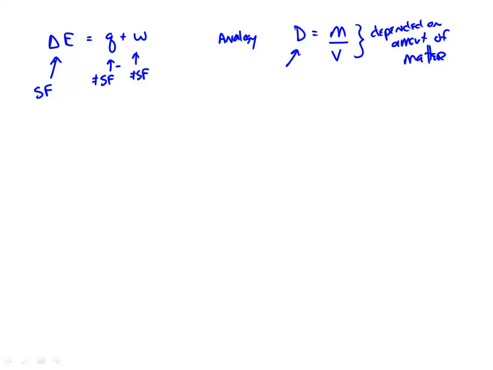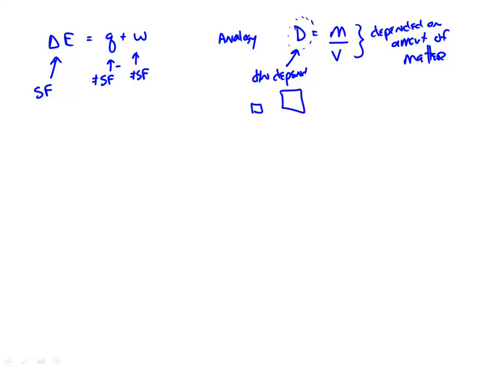But density does not depend on it. Meaning, the density of a small amount of something and the density of a large amount of something is still the same density, because density is the ratio of the two things that depend on matter. And since they both depend on the amount of matter in the same fashion, density, which is what we generally want to use to identify things, does not depend on the matter.